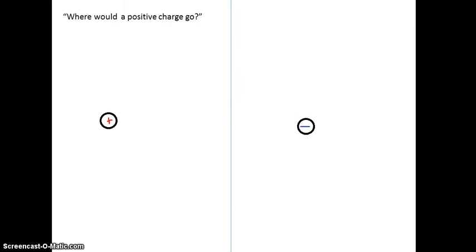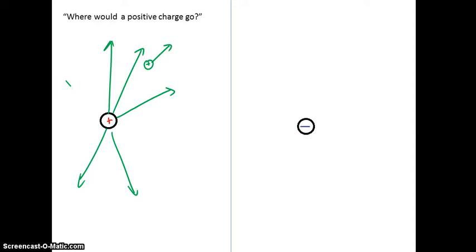Let's look at an example. Where would a positive charge go? If I were to place a positive charge here, which direction will it go? Well, it will go away. So when drawing electric field lines, which tell us the direction of the electric field, you want to ask yourself, where would a positive charge go? That's going to be the direction of the arrows.